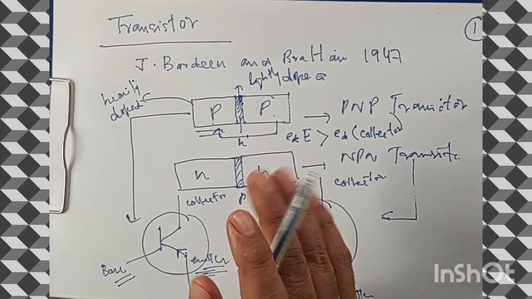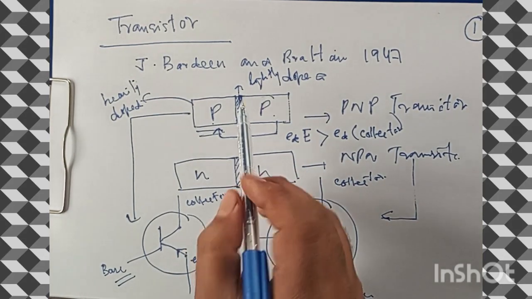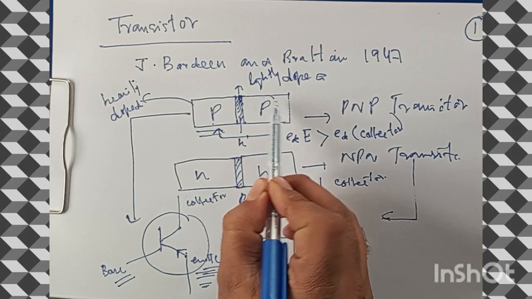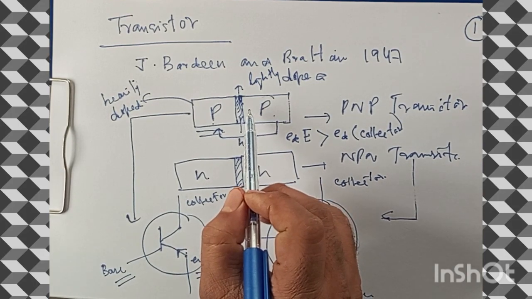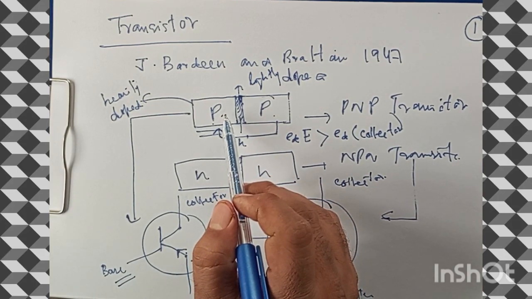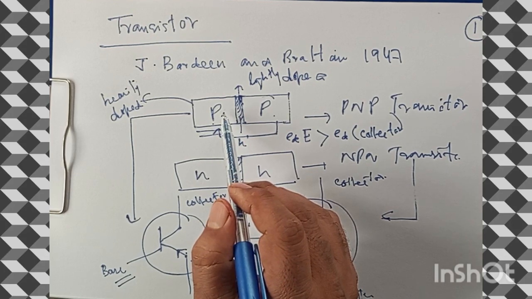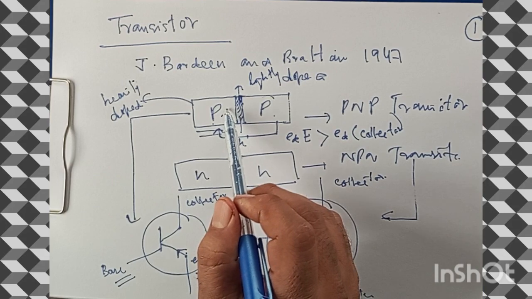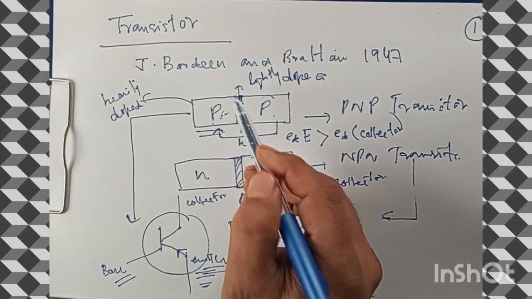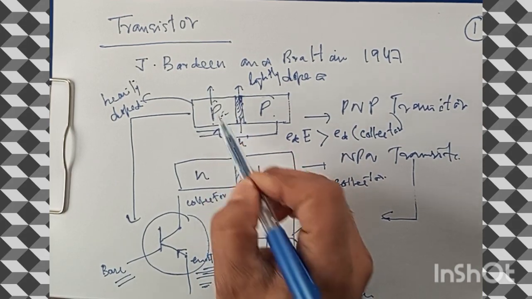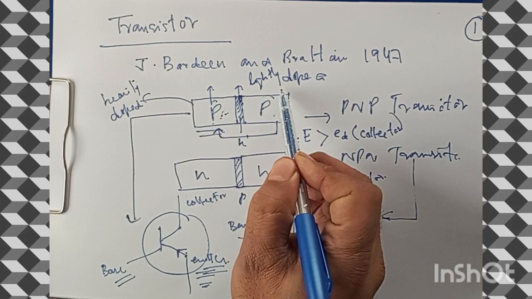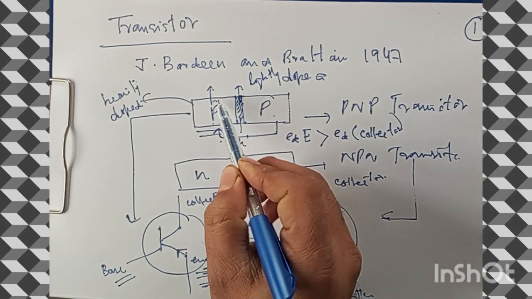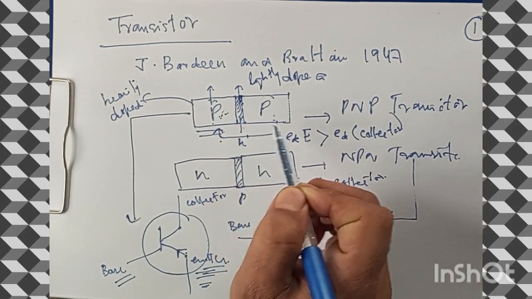So the size of the collector is slightly more than that of the emitter. Getting my point? The emitter size is less than the size of the collector, but the emitter is heavily doped in comparison to the collector.